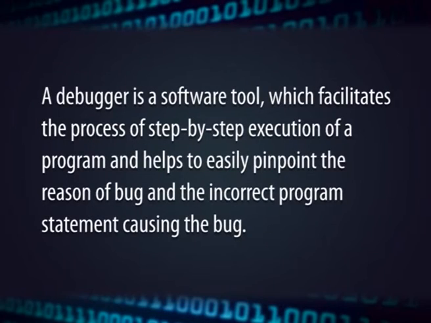In order to facilitate the easy identification of the bugs and remove them, a software tool called Debugger is designed. A debugger is a software tool which facilitates step-by-step execution of a program and helps to easily pinpoint the reason for a bug and the incorrect program statement causing that bug.